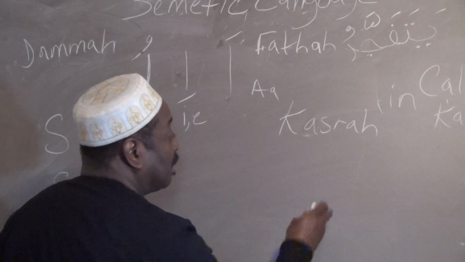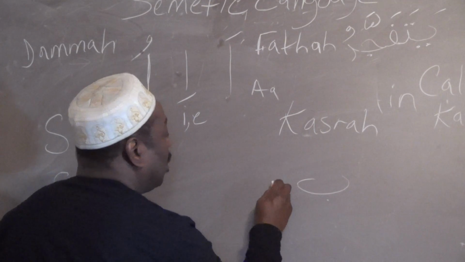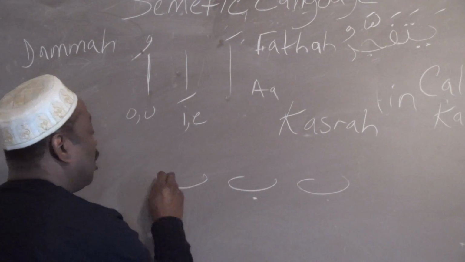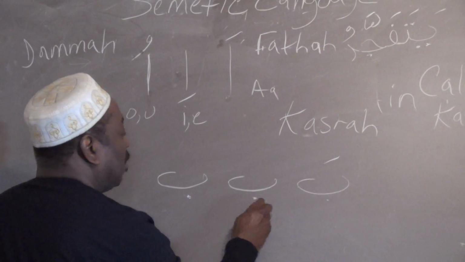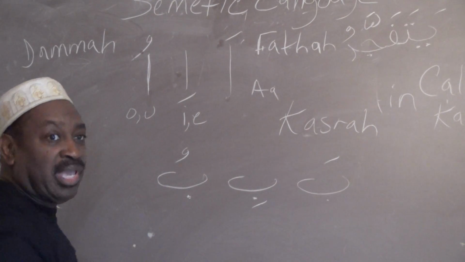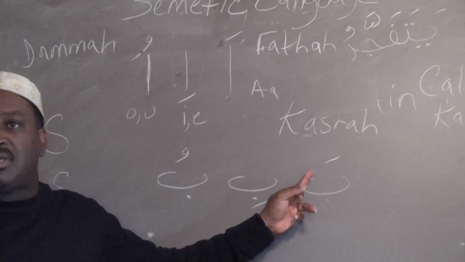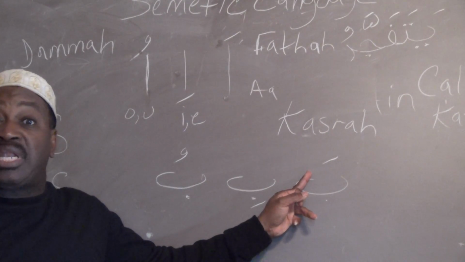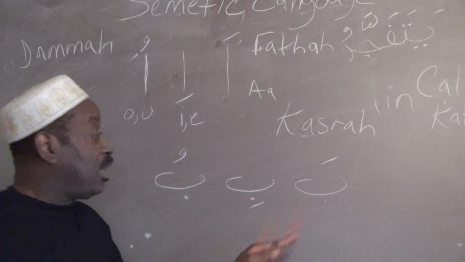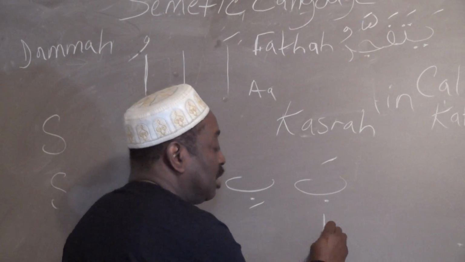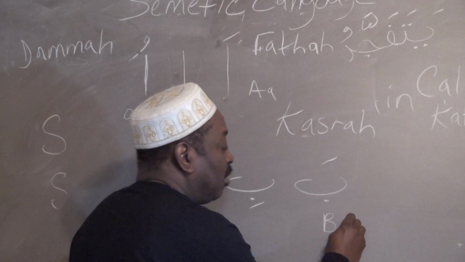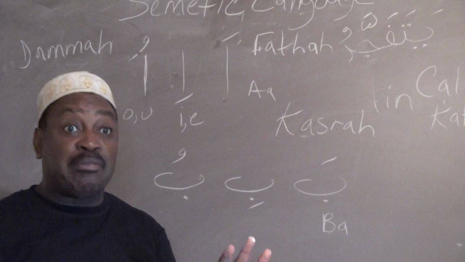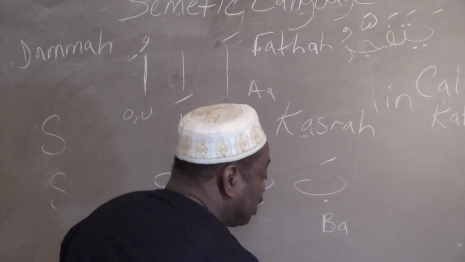Now, with that in mind, let's take the second letter. What do we have? How would we pronounce this? Spell it out phonetically for me. How would I write this in English? B-A, just B-A. If I wanted B-A-A, I would have to have this.